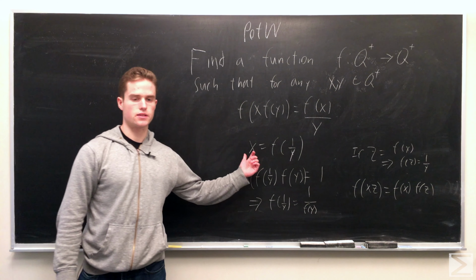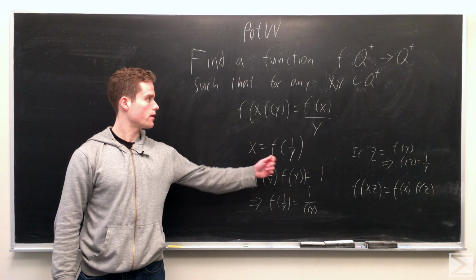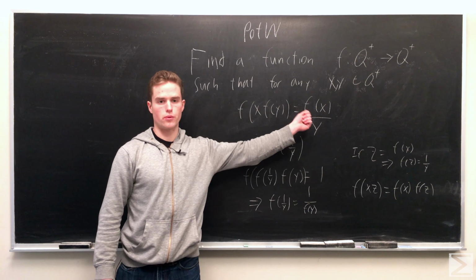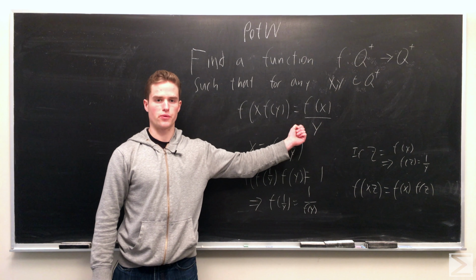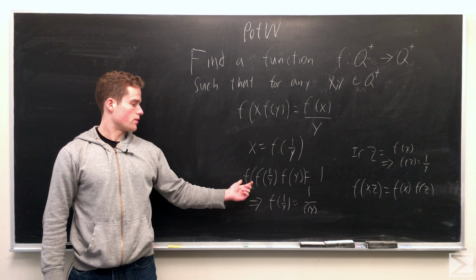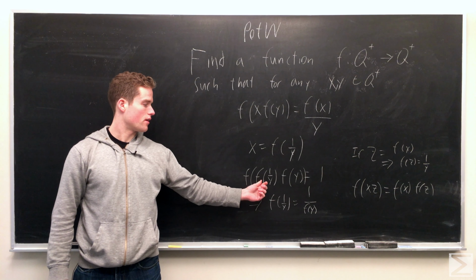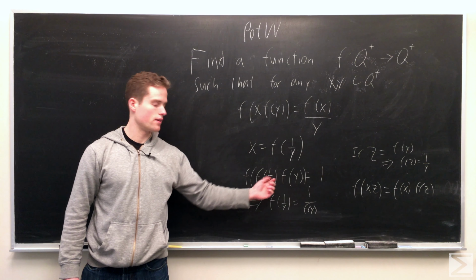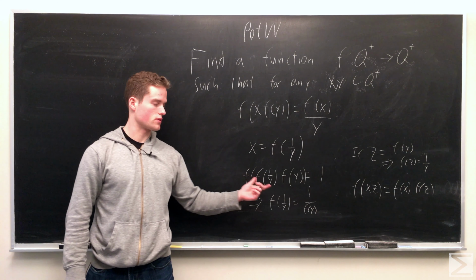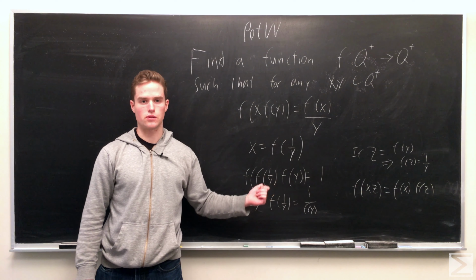So we're going to plug in x equals f of 1 over y for x. And knowing from our previous relation, f of 1 over y is in fact 1 over y, which is just y, so this becomes 1. So then we have f of 1 over y times f of y, f of the whole thing, equals 1, but we established f of something equals 1 if and only if that something is equal to 1.